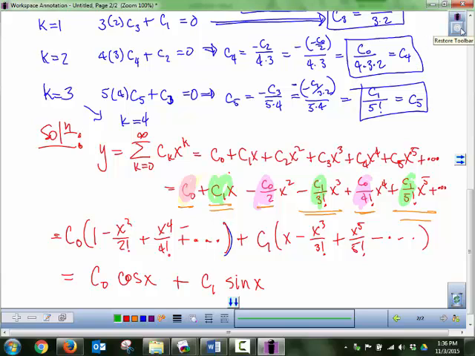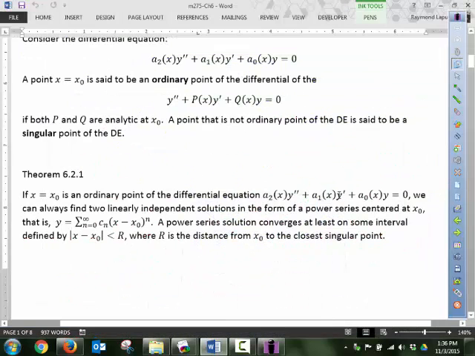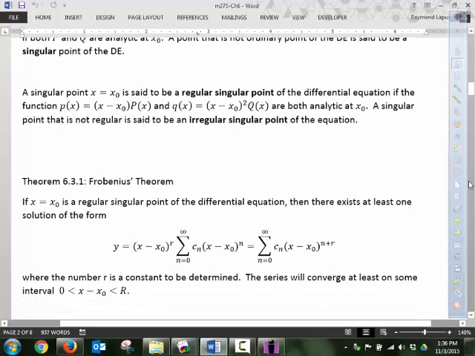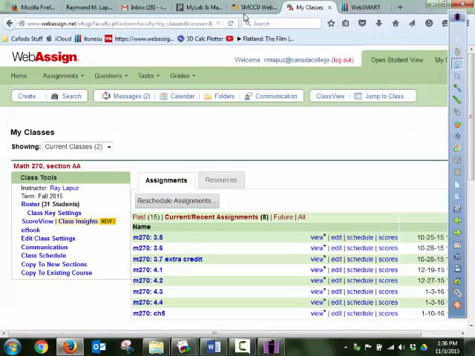All right, let's see what's next. Ordinary points, singular points. Now let's do some problems. Well, we just did a problem. Let's do another problem.